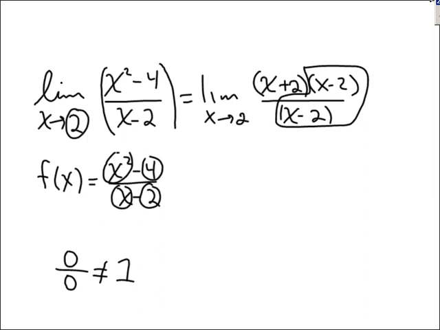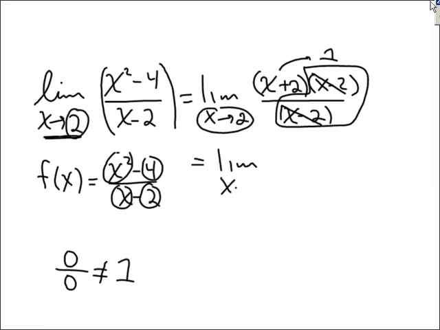But as long as x is not near 2, x minus 2 won't be 0, because 2 minus 2 is 0, and I'm saying x is near 2, but not 2 itself. Then x minus 2 over x minus 2 is 1, and of course x plus 2 times 1 is x plus 2.